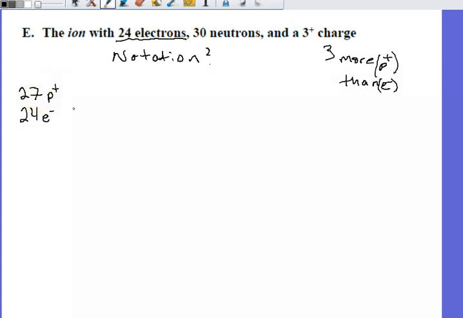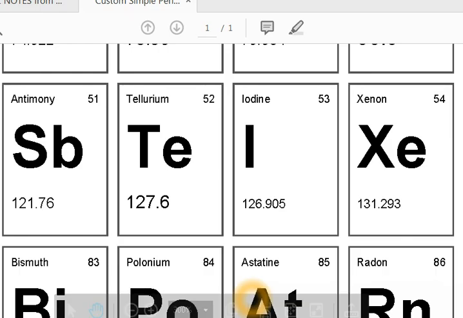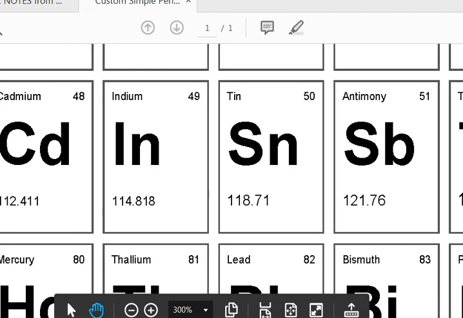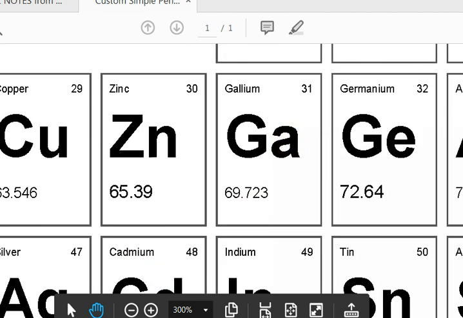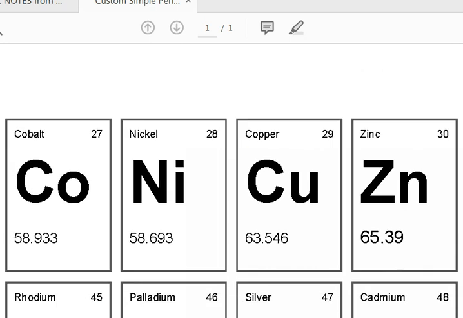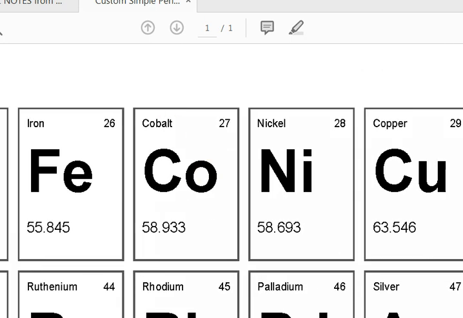So also it has 30 neutrons, which also are important because we have to write notation. So if I go to my periodic table, I'm looking for the element with 27 protons. There it is, cobalt.